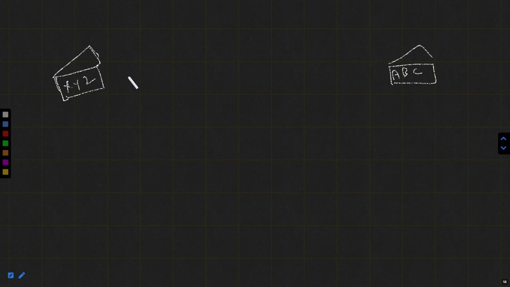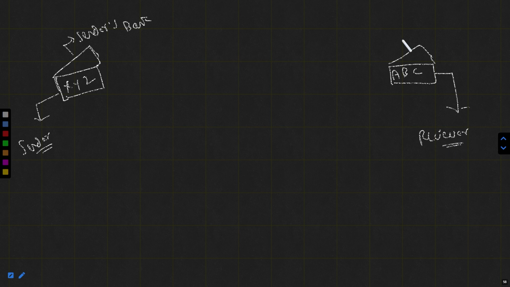If we go by this picture, this bank is the sender, so it is known as the sender's bank. Here is the receiver, so it is known as the receiver's bank.